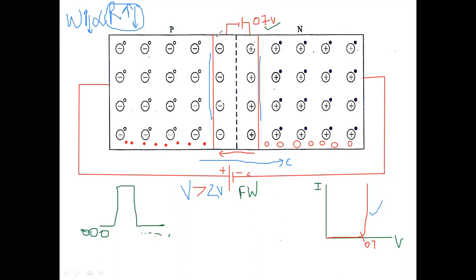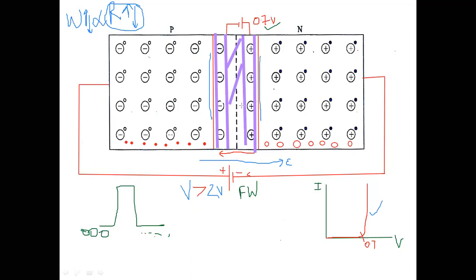Let us suppose this is my junction width. Due to the applied voltage, this junction width goes on decreasing if I apply more and more voltage here. Okay, this is the junction width now.